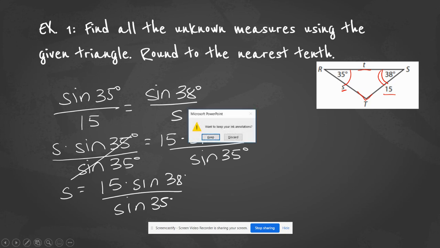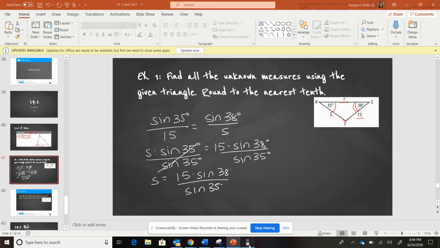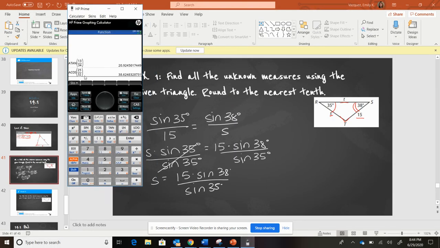Okay, 15 times sine of 38 over sine of 35. All right, here's my calculator. Again, always verify that the top right-hand corner has the degree symbol, okay? You'll get something completely different if you don't.